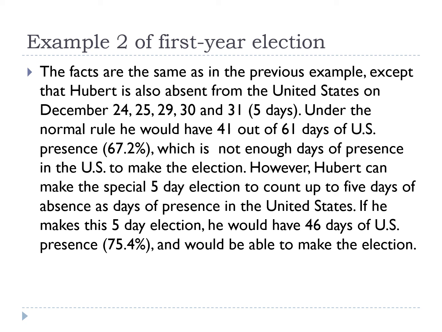However, Hubert can make the special 5-day election to count up to 5 days of absence as days of presence in the United States. And if he makes this 5-day election, he would have 46 days of U.S. presence, 75%, which would be enough to make the election.